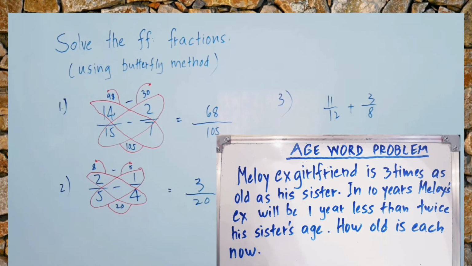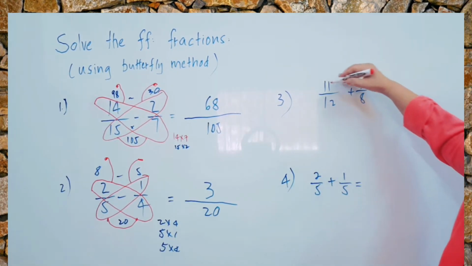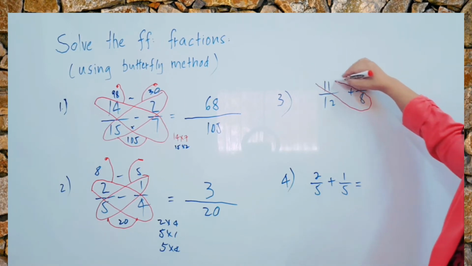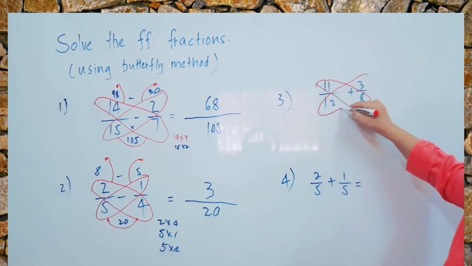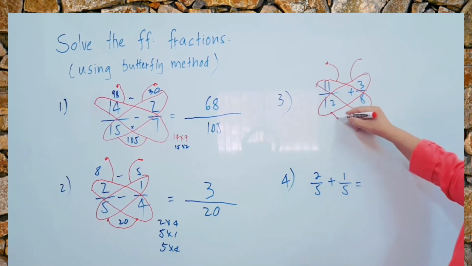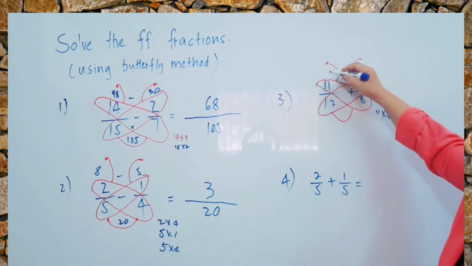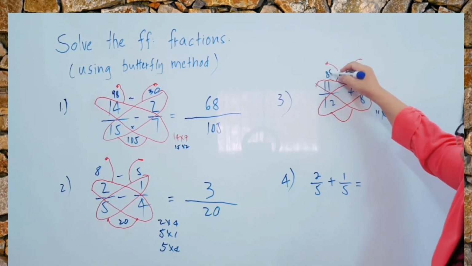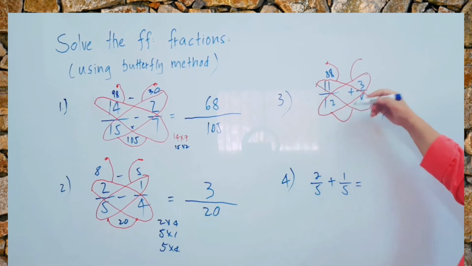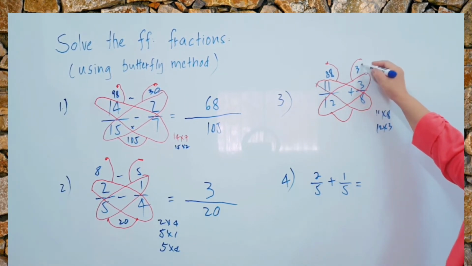problem, it is about the sum. So the question number 3, 11 over 3 times 12. So, 11 times 8 is equal to 88. 12 times 3 is equal to 36.